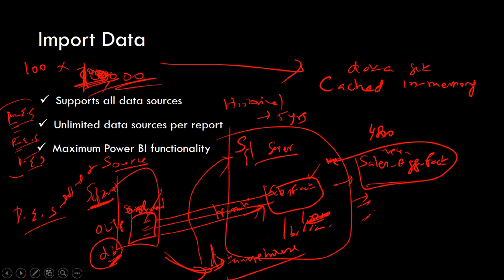Since the volume of the data is less, then you can use the import mode. Got it? So usually the fact table, we will be using direct query mode because it has a huge volume of data. If you try to download and insert, for example, if it has 1 petabyte volume of data, what is 1 petabyte? It is 1024 GB into 1024 GB.